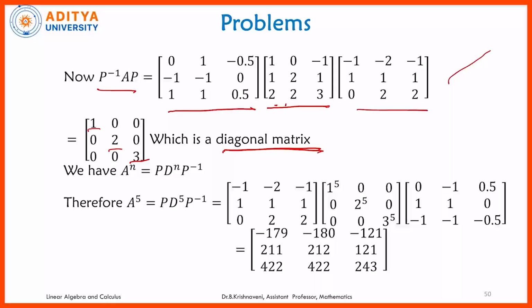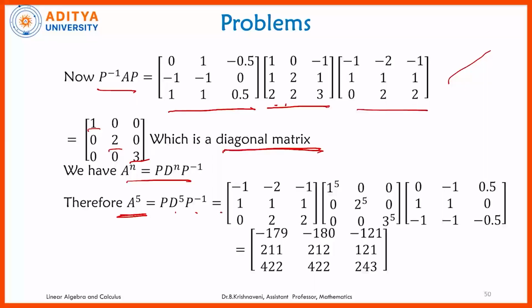So, now we will have another question, that is, we need to find A power 5. In order to find A power 5, we can use this. We know that A power n is equal to P into D power n into P inverse. Hence, A power 5 must be equal to P into D power 5 into P inverse.